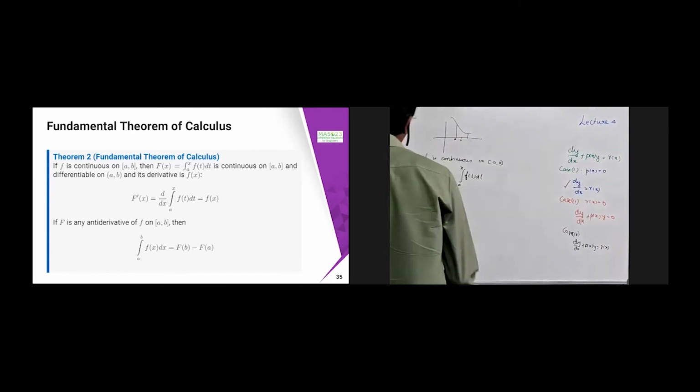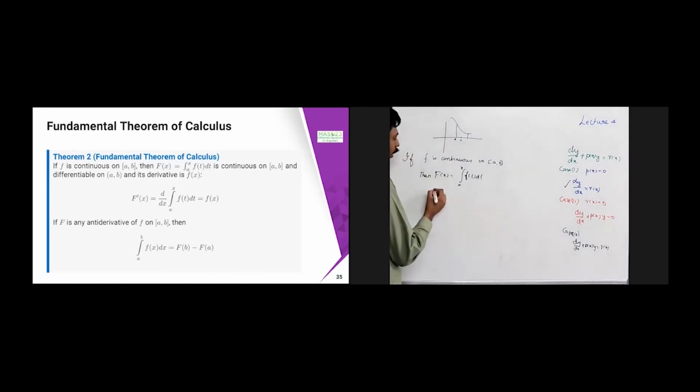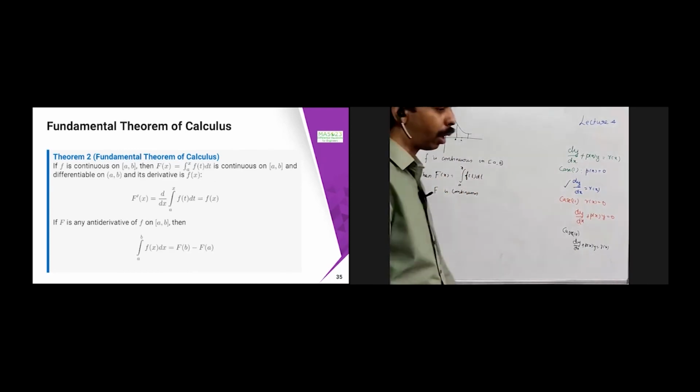Now this theorem is asserting that capital F is also continuous. If f is continuous and you take the integral, the area under the curve, that is also going to be continuous on [a, b].